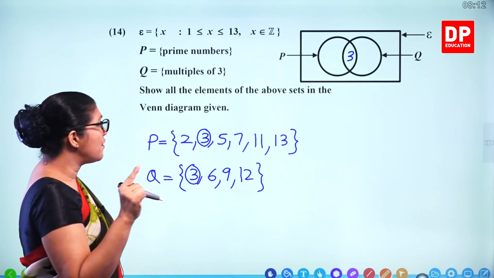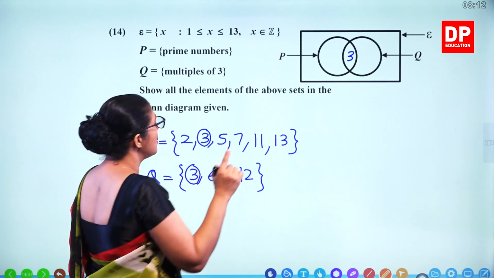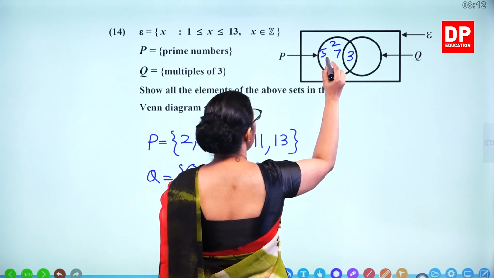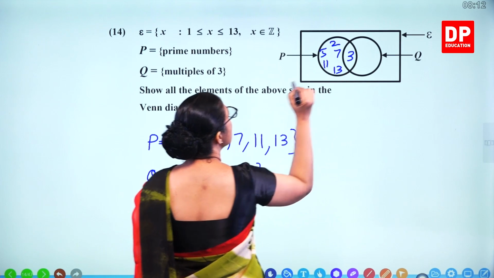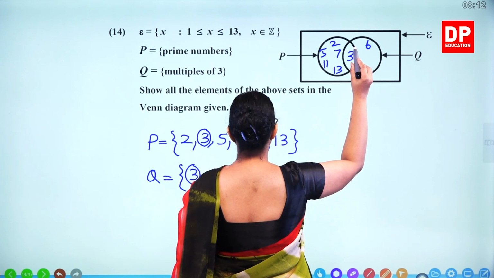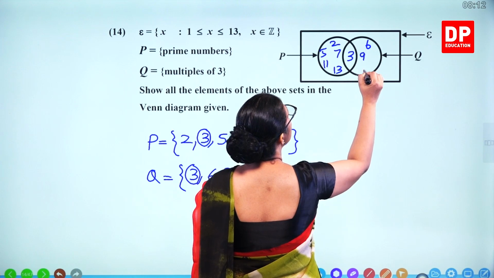Now you can fill the other numbers. P means 2, 5, 7, 11, 13. What about Q? 6, 9, 12.